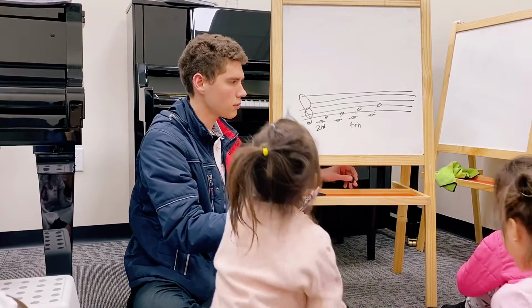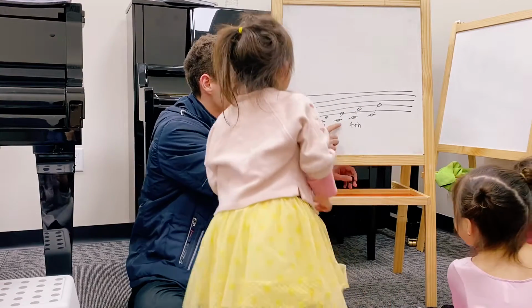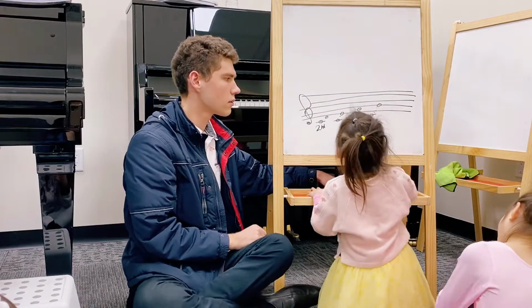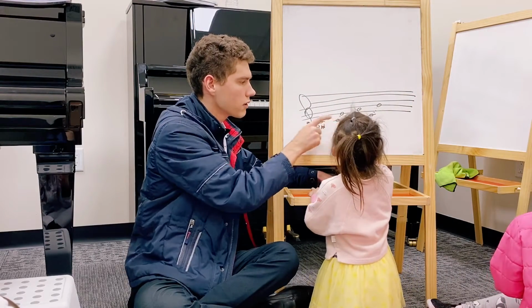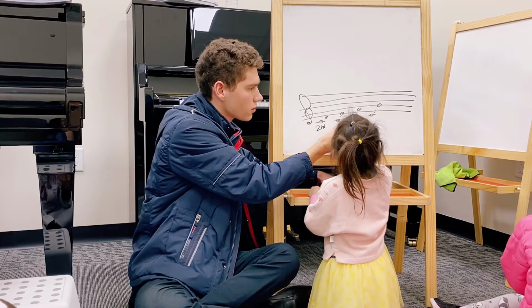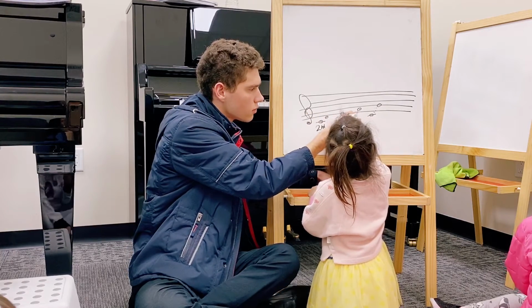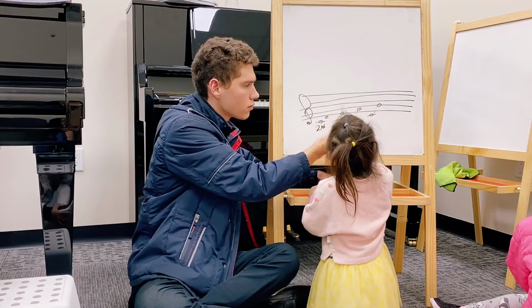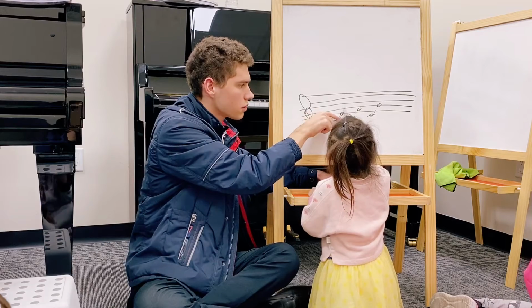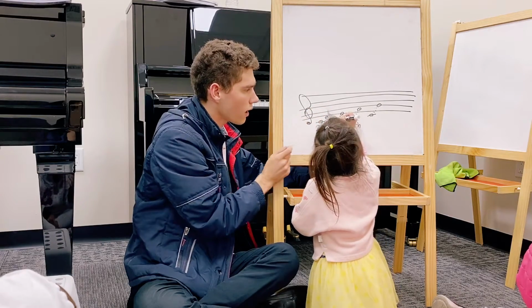Okay, Lexi, can you count for me this one? Ready? Take the marker and count for me this one. So you'll start on this one. This is 1. Count. 1, 2. Okay, can you do it by yourself now? Count just the way that we did here.